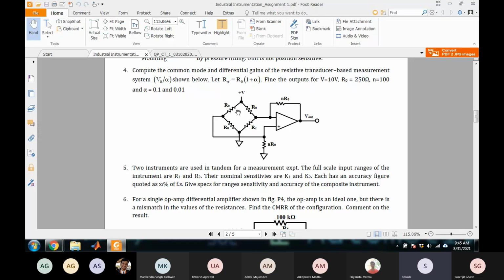So R0 equal to 250, N equal to 100, and V equal to 10 volt is not needed, because that does not decide the gain. Just the gain of the circuit from the error voltage which will appear across these two terminals to the output voltage. What is the gain of this circuit? Can somebody say that?